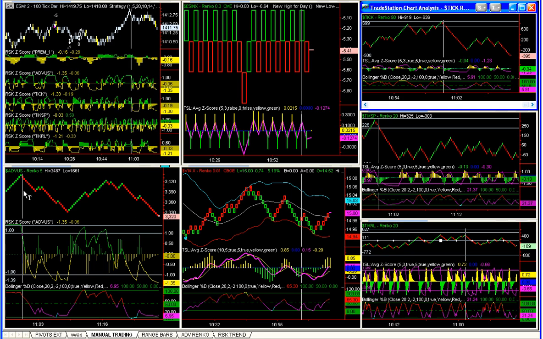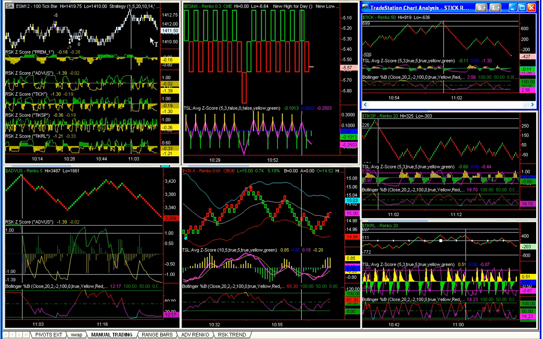You see that here as well. The VIX is moving up. So I get a short. And that short is still working. Thank you very much. Okay, see all that? Works very well.